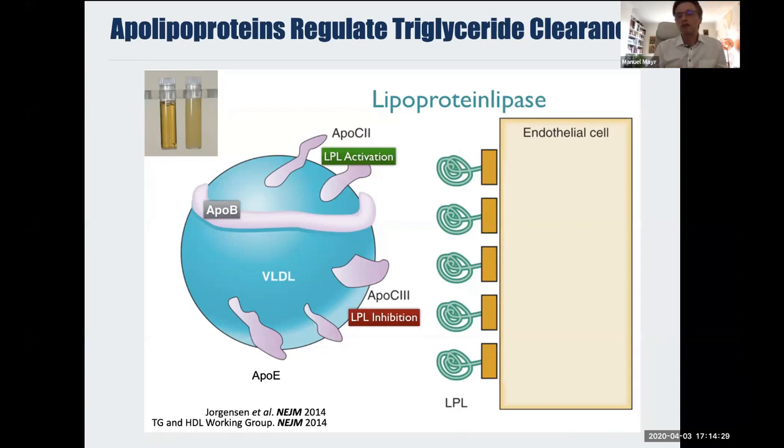ApoC3 is an inhibitor of lipoprotein lipase. So if you have the loss of function mutation of an inhibitor, you get more activity of the enzyme and therefore lower triglyceride levels. And this, as I pointed out previously, was associated with a reduced incidence of cardiovascular events.